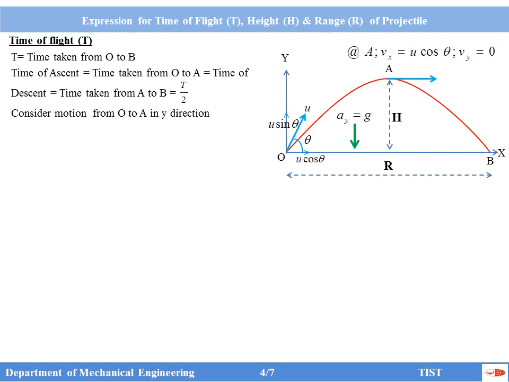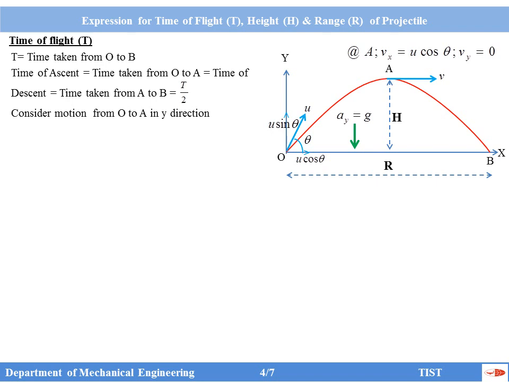So since it is horizontal, it does not have any vertical component, so Vy equals 0. Vx is always u cos theta. Now for the motion from O to A, the initial velocity is small u and the final velocity is v. That v has components Vx and Vy, where Vx equals u cos theta, and u has components u cos theta and u sin theta.